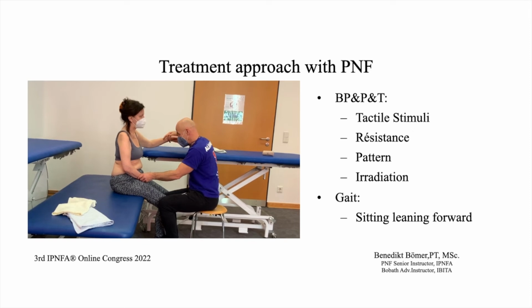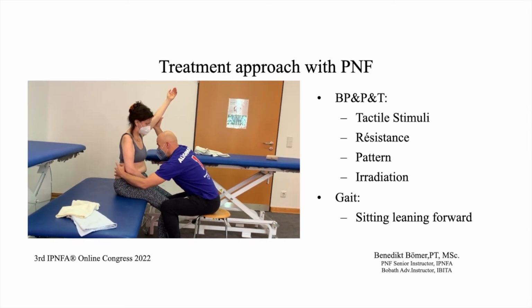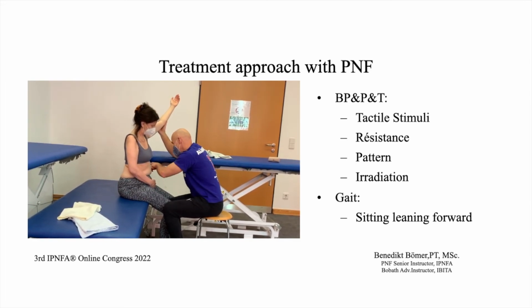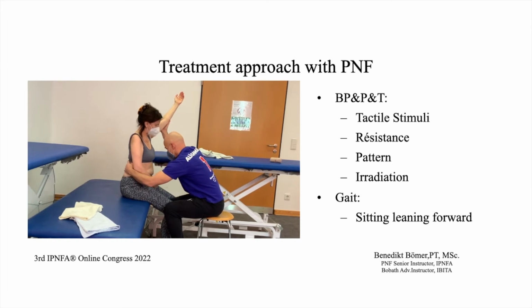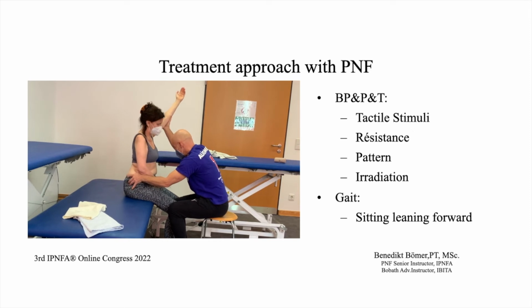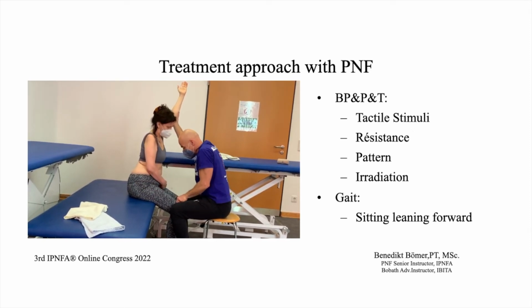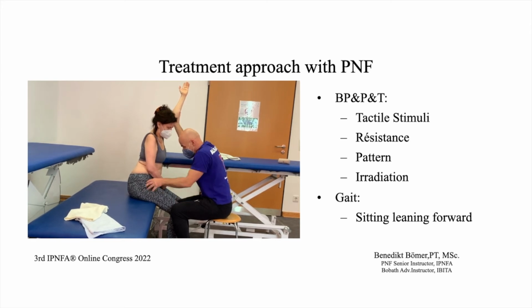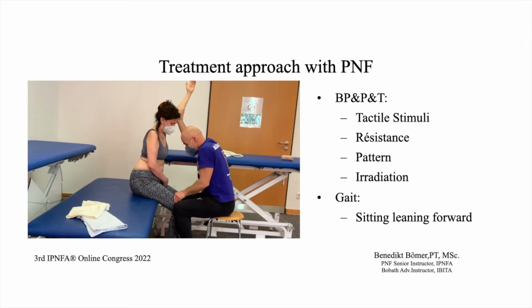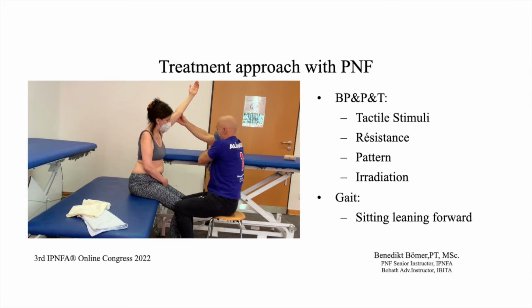First, I start with weight bearing to the left side, using the arm pattern flexion, abduction, external rotation, and the left table is a kind of posture orientation so that she knows where she should move her center of mass. Additionally, I ask her now to push down her right heel in order to use the ground reaction force to get more of her hip extensors and abductors.